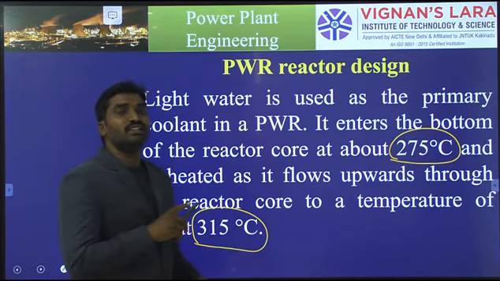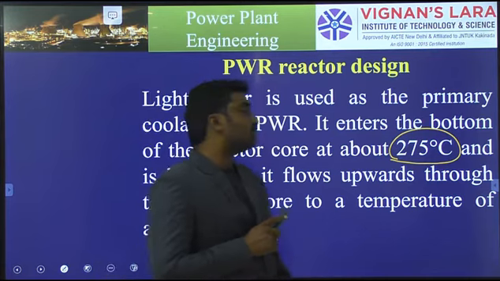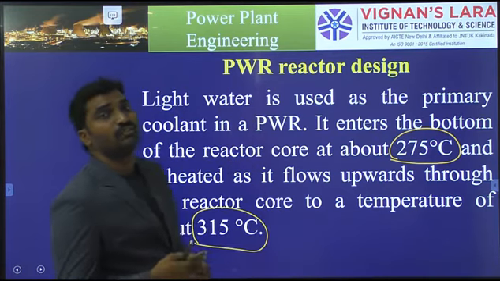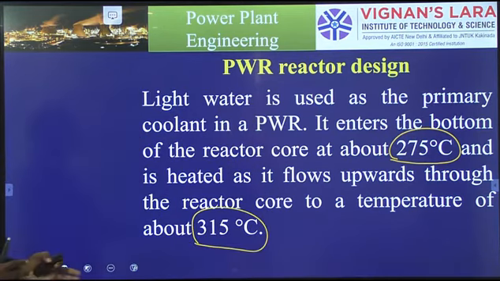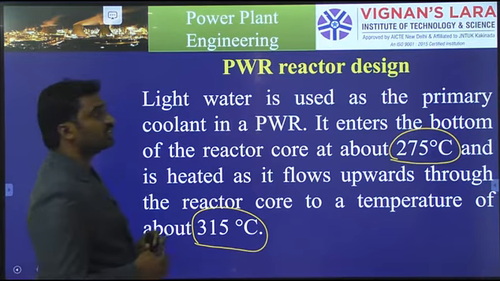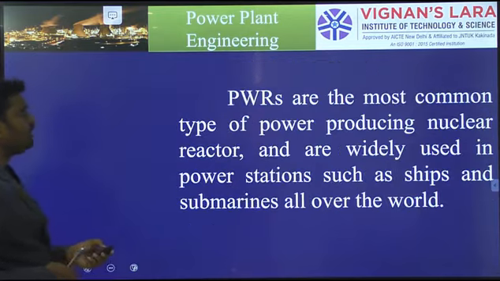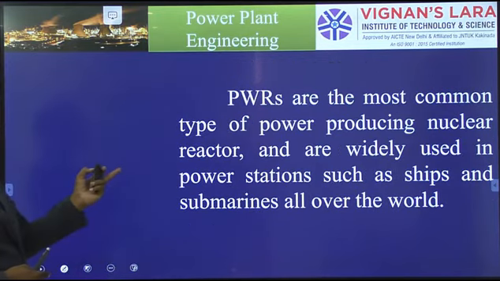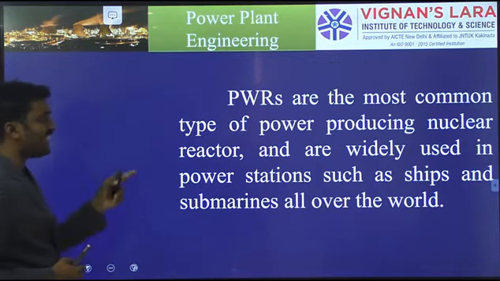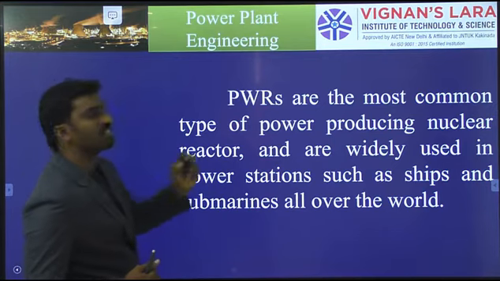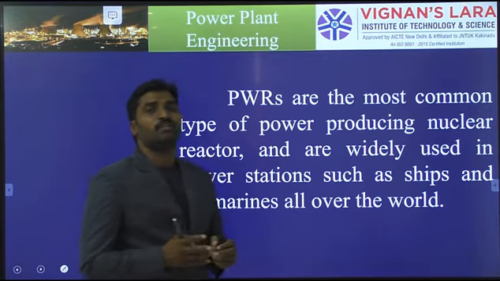In the reactor vessel the temperatures are high, so that's the reason we increase the pressure of the water. Only then is the water not converted into steam; otherwise the water is converted to steam. PWRs are the most common type of power producing nuclear reactor and are widely used in power stations, ships and marine systems.